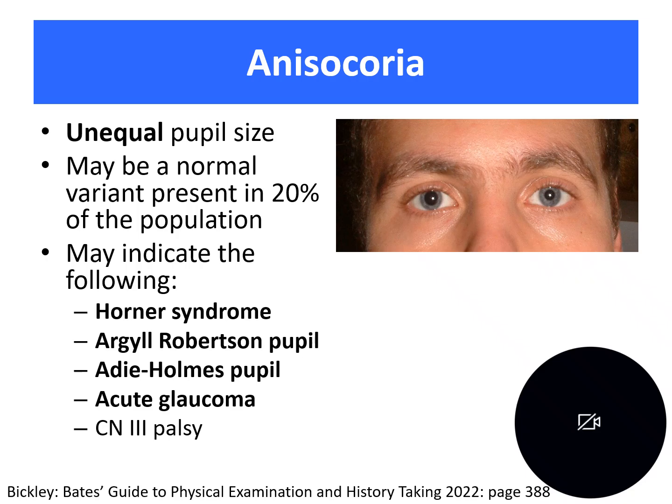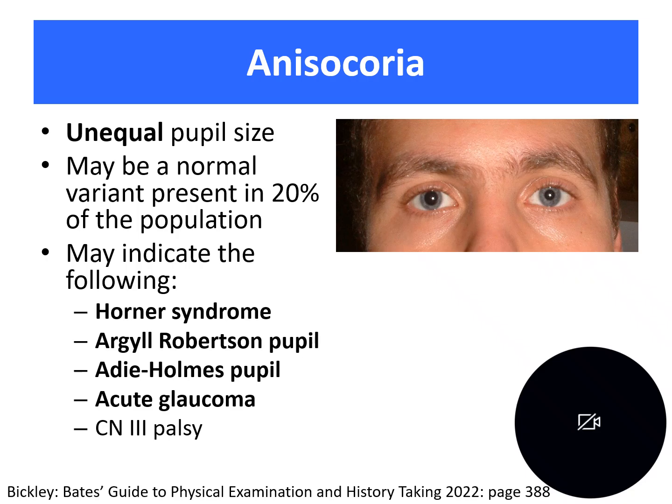Anisocoria is the medical term for unequal pupil size. It doesn't tell you that the pupil that is smaller is the one that is affected, or that the pupil that is larger is affected.